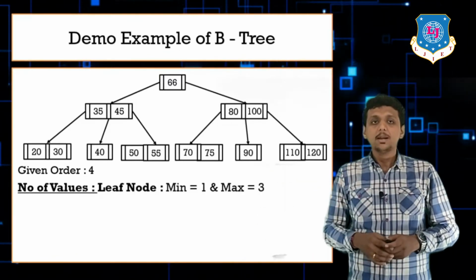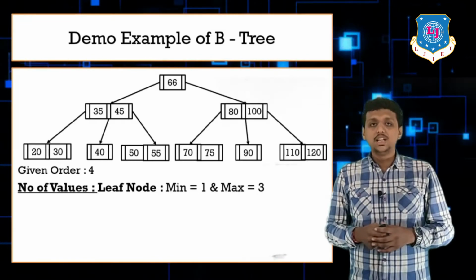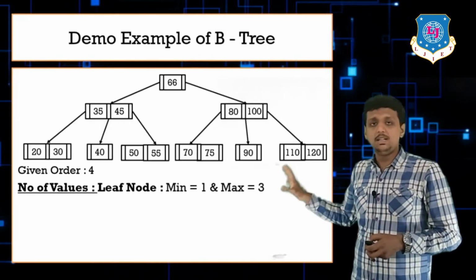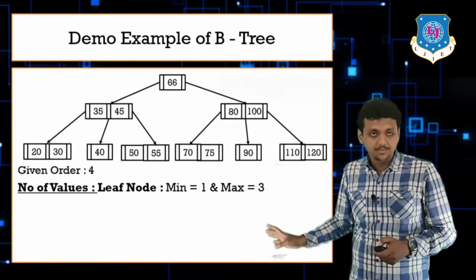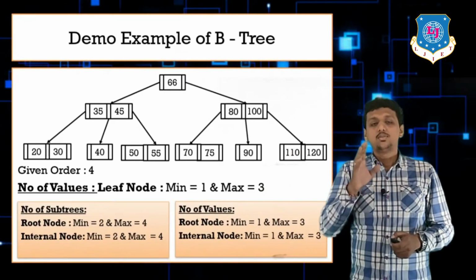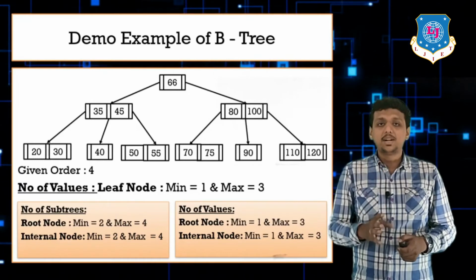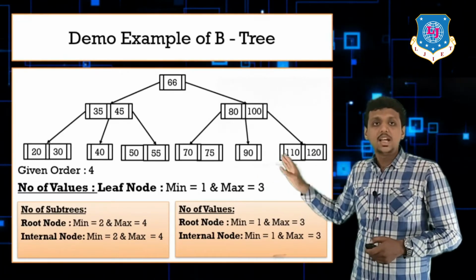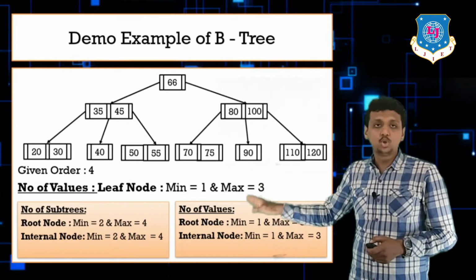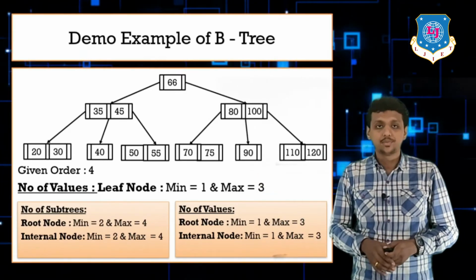But what are the number of values? In a leaf node the minimum values must be 1 and the maximum must be 3. For the root node, the minimum subtrees are 2 and the maximum 4, and for the internal node the minimum 2 and the maximum 4.